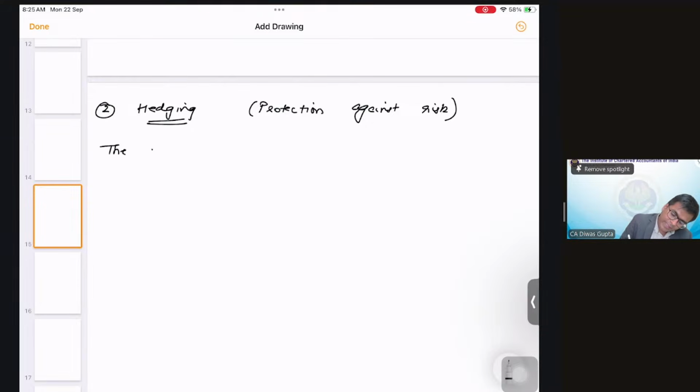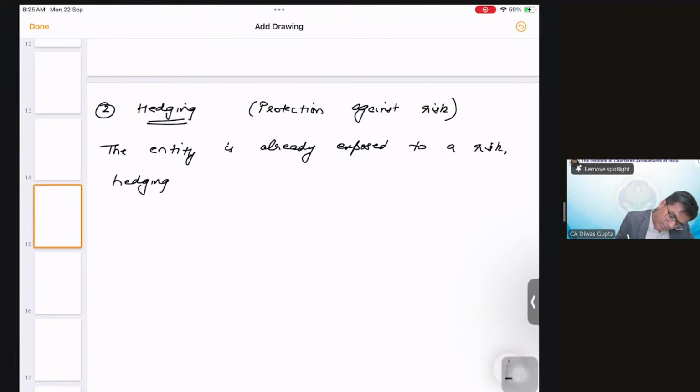So the entity is already exposed to a risk, hedging against that risk by using futures or forwards.